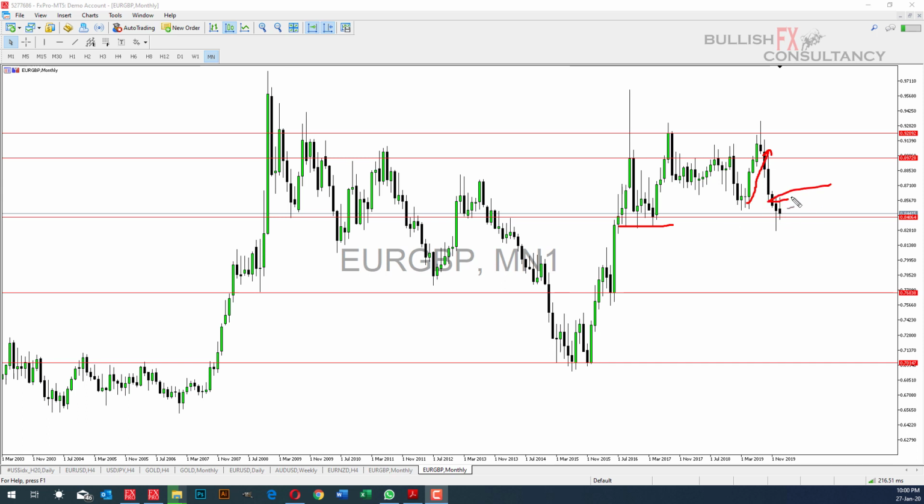Now my question is, how come we don't see January pushing back up, right? So probably this stop hunt, this liquidity engineering which happened here, has exhausted all the liquidity. Now there is a change in structure here.